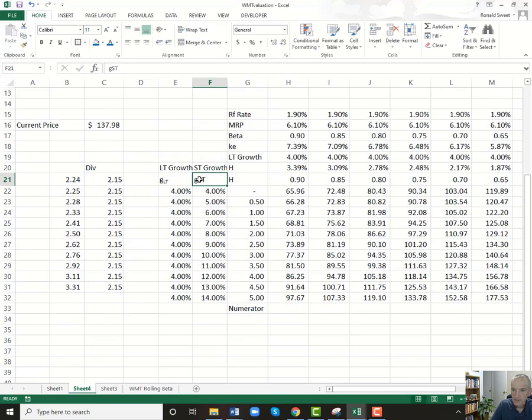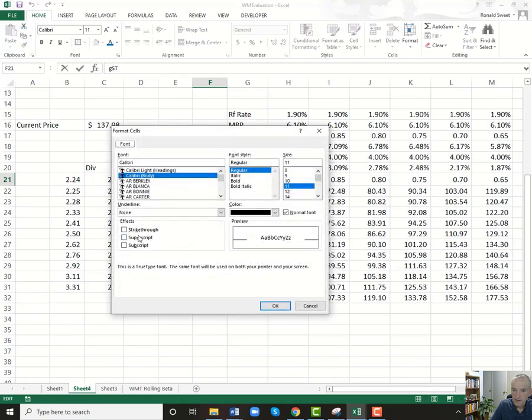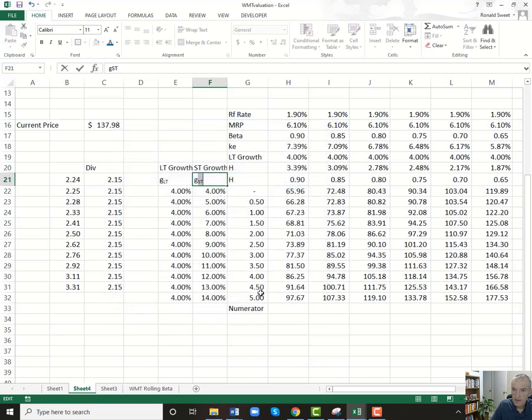And here you can adjust that, format cells and subscript. Your H, and then you have beta going across. And so here we have our own data table we built ourselves.